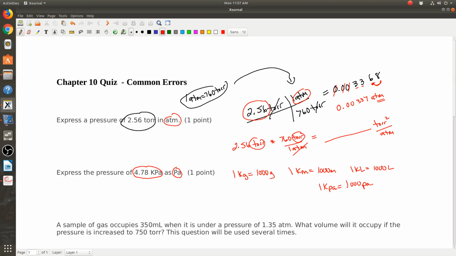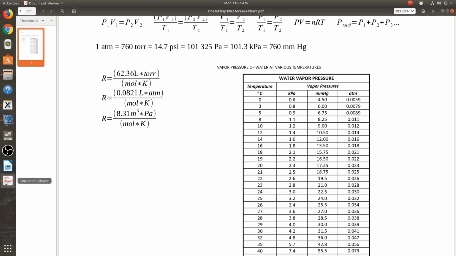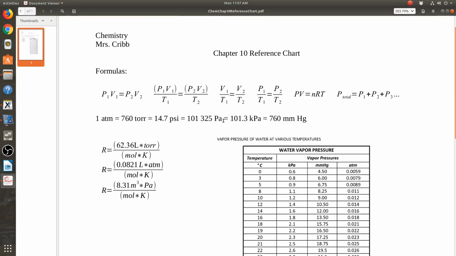Some people used, however, the reference sheet, so I'm going to go back and look at that. They said, okay, here we have pascals and kilopascals, and they read it as either 325 pascals is equal to 101.3 kilopascals, or they put 101.325 pascals equals 101.3 pascals.